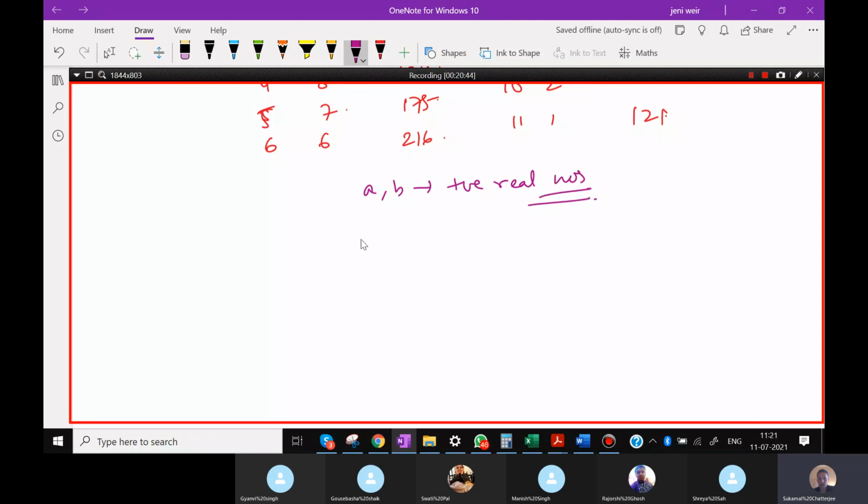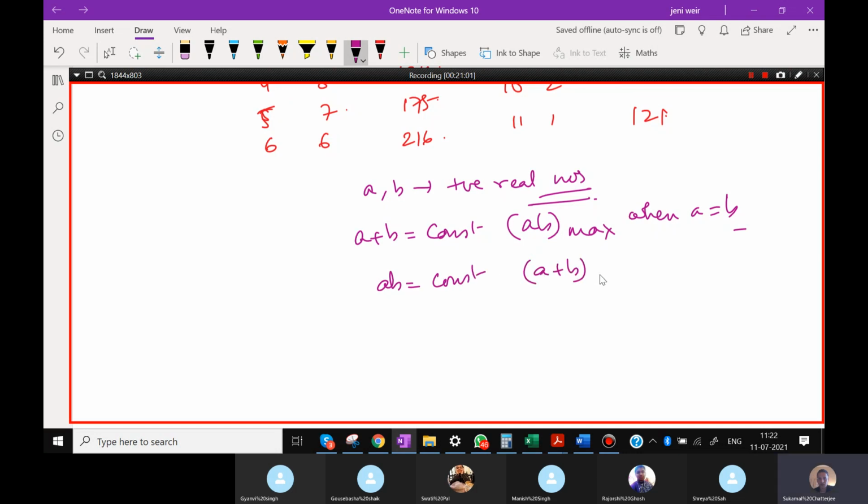And if a plus b is a constant, then a into b is maximum when a is equal to b. And when ab is a constant, then a plus b is minimum when a is equal to b.